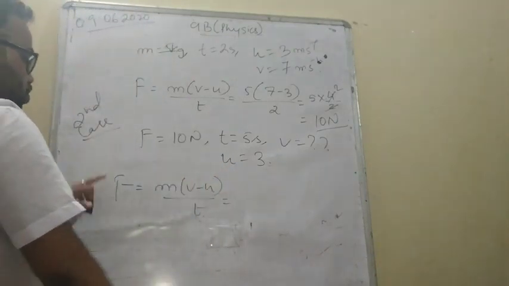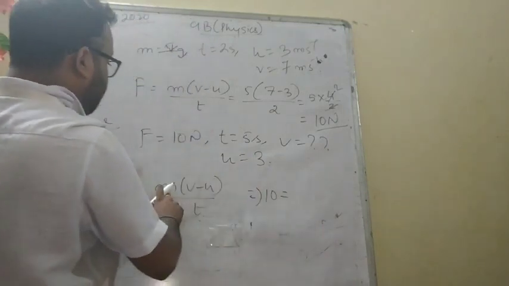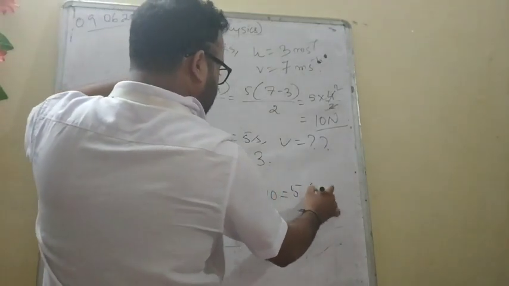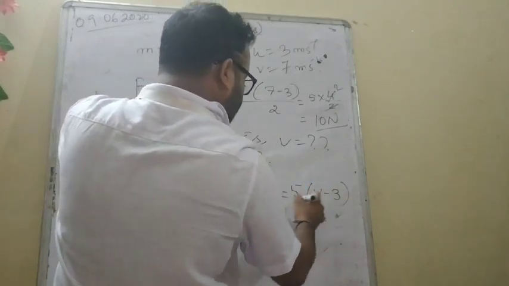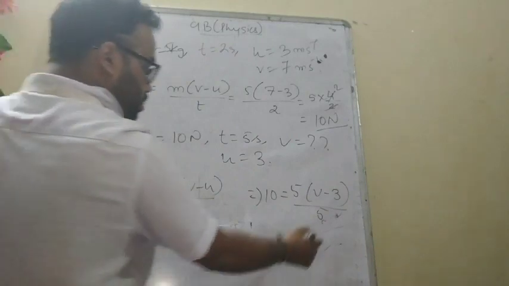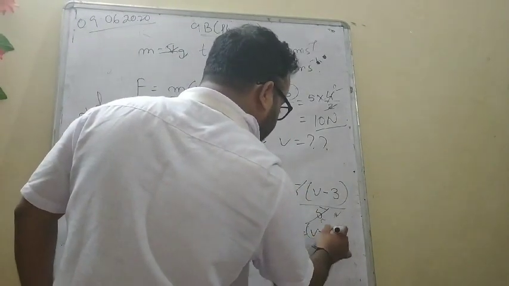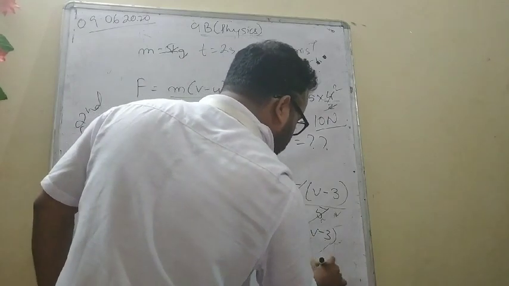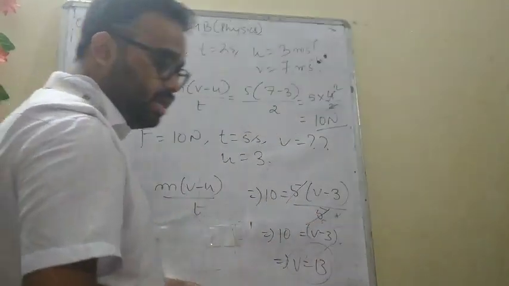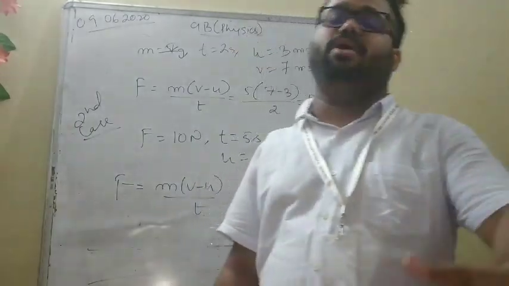This implies 10 is equal to m, which is fixed at 5, times (v minus u) divided by time, which is 5. So the 5s get cancelled. This implies 10 is equal to v minus 3. This implies v is equal to 13, 10 plus 3. So 13 meter per second is the final velocity.